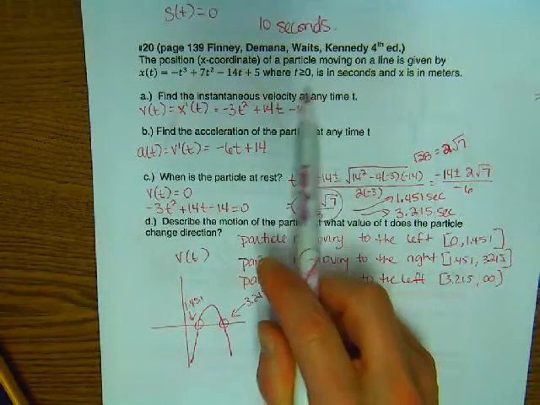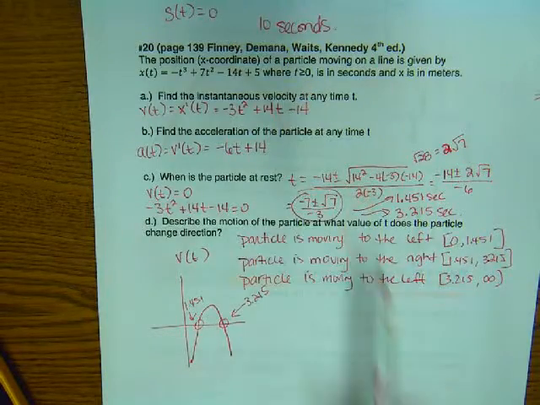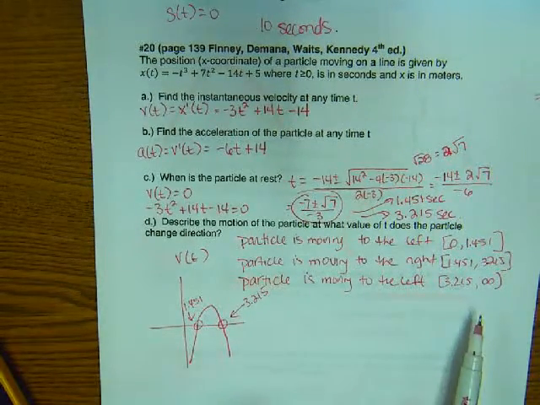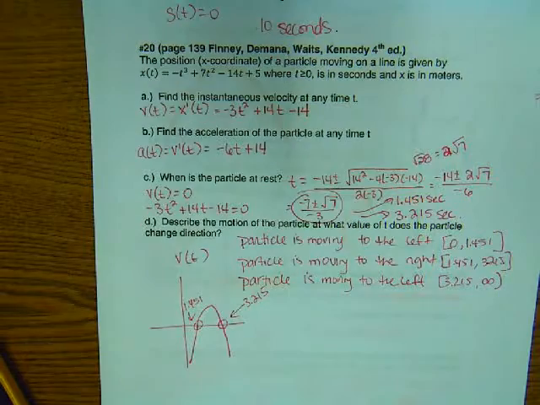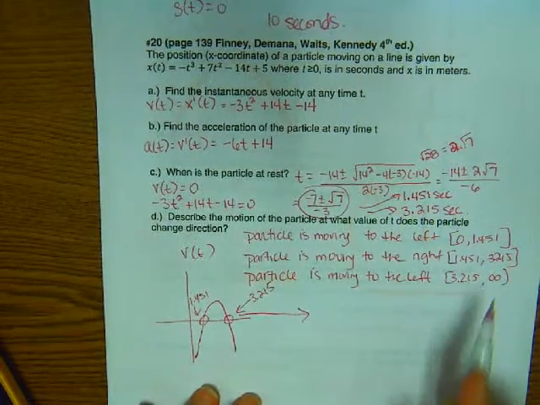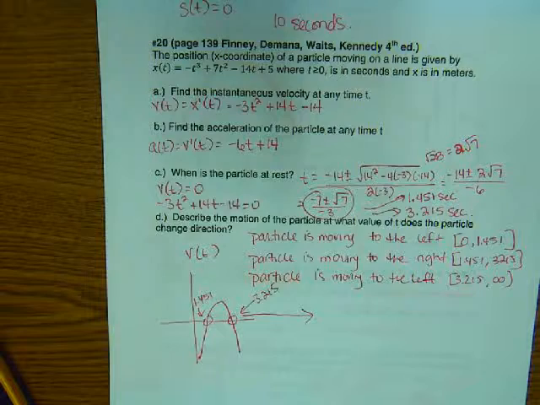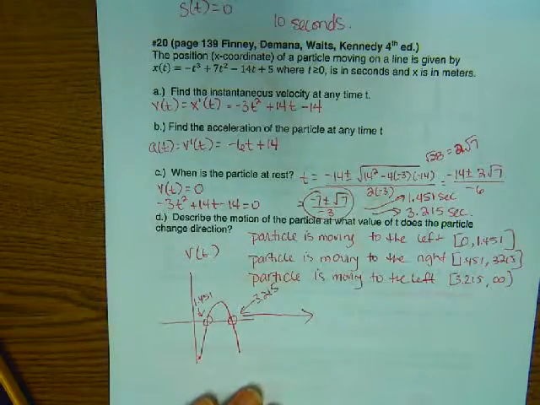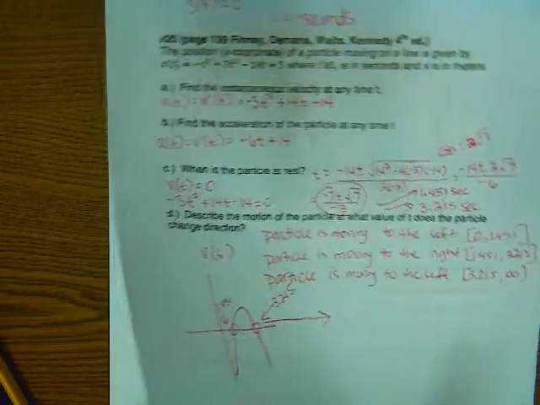It just told me that it was t is greater than or equal to 0. So, until I tell you it stops, that's what we would write. So, as time continues to go on to infinity, that particle is going to be moving to the left the entire time. It would be the end behavior, yeah.